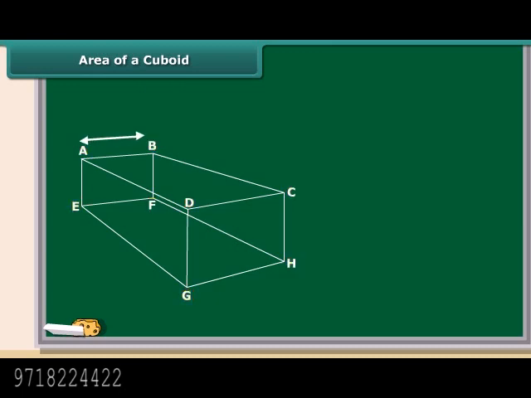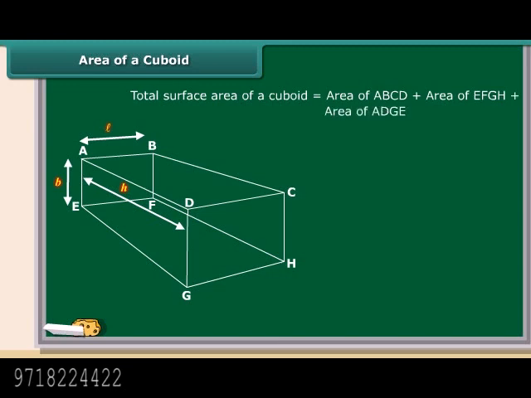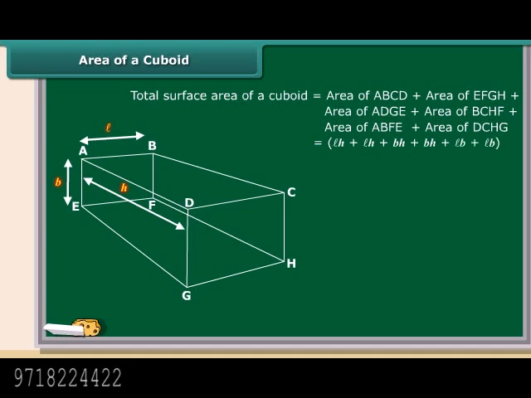Let AB be L, AE be B, and AD be H. Then the total surface area of the cuboid is equal to the sum of the areas of 6 faces ABCD, EFGH, ADGE, BCHF, ABFE, and DCHG, which is LH plus LH plus BH plus BH plus LB plus LB.